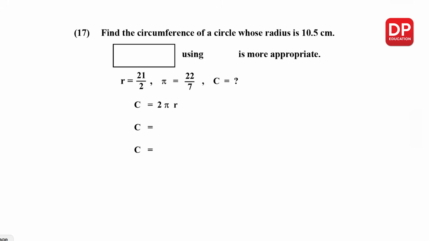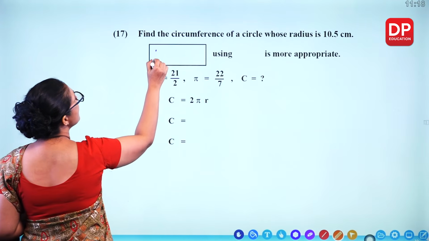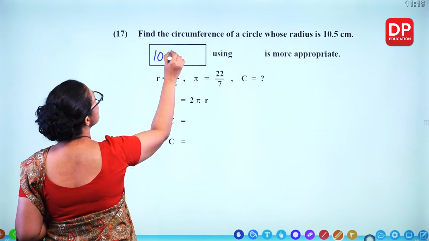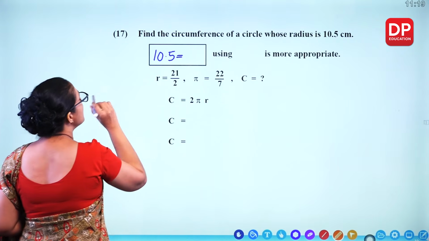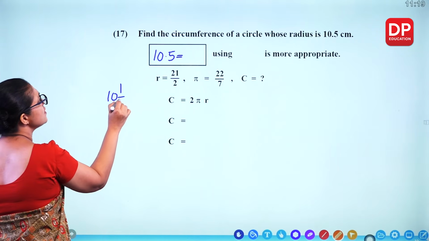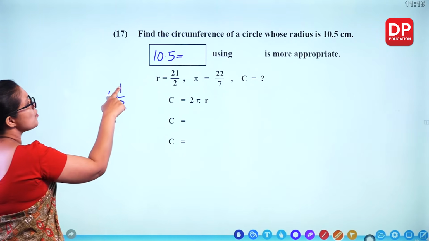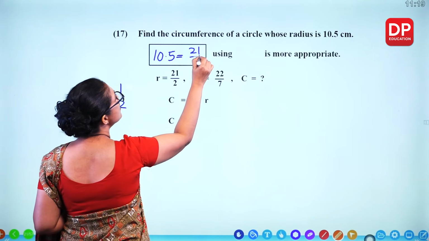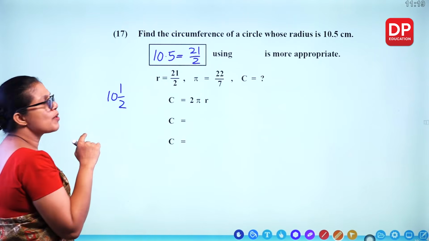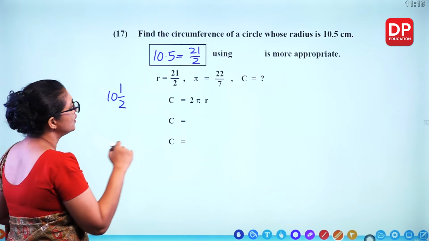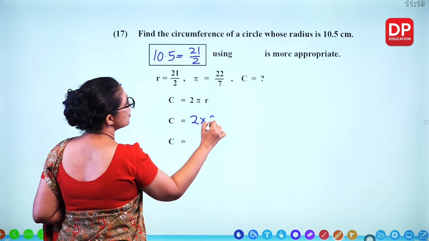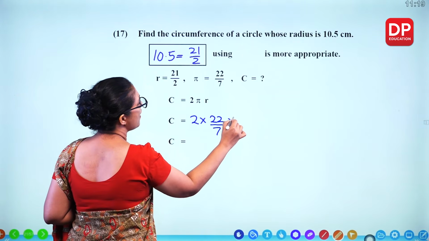Find the circumference of a circle whose radius is 10.5. So what can we write? 10.5, convert to improper fraction. 21/2. So you can use 21/2. Now substitute 22/7, the pi value.